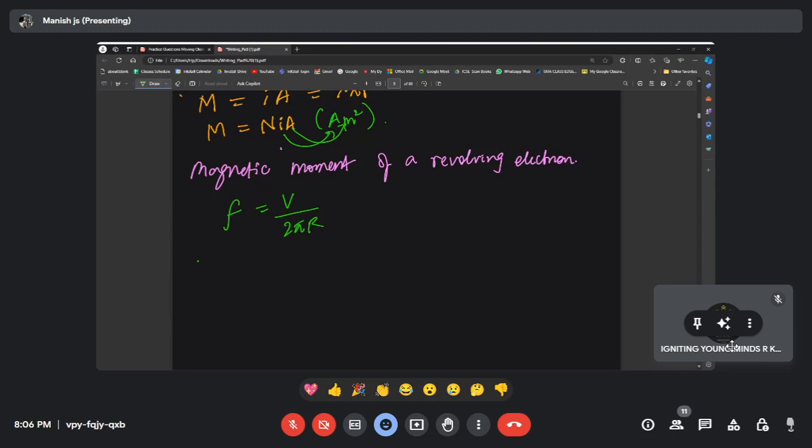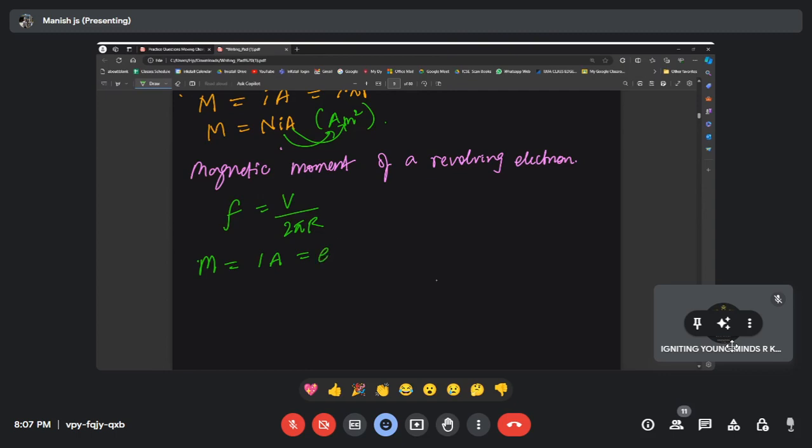In this case, when you find out the magnetic moment M, you know M is equal to the product of current and area, where A here is the area. So again we are trying to express the current in terms of the charge carried by the electron. Electron means the charge is e.